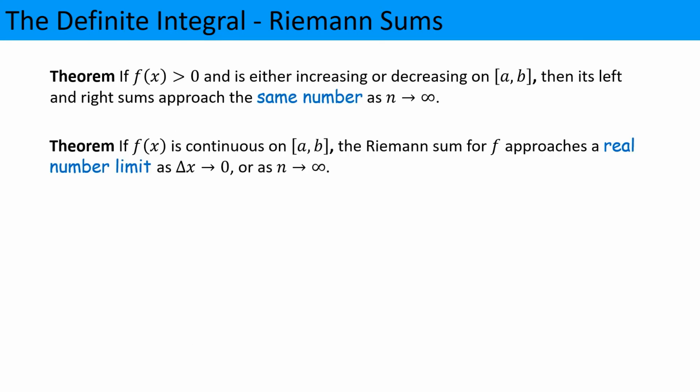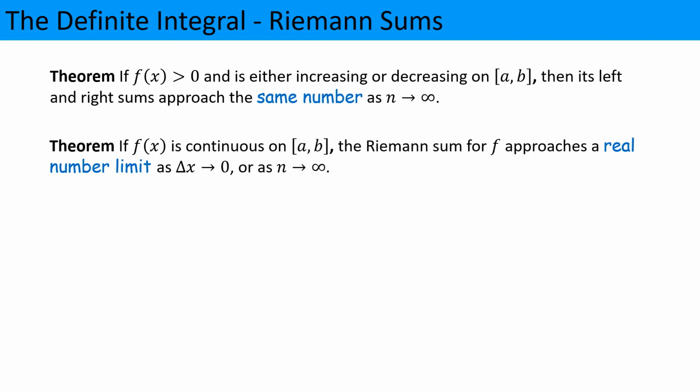Concluding theorems. If f of x is greater than 0 and is either increasing or decreasing on a to b, then its left and right sums approach the same number as n gets real big. And theorem, if f of x is continuous on a to b, the Riemann sum for f approaches a real number limit as delta x goes to 0 or as n goes to infinity.